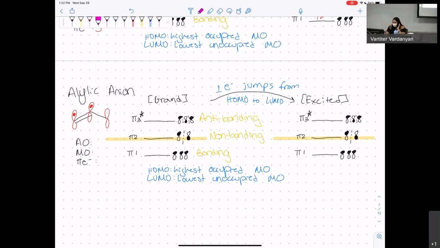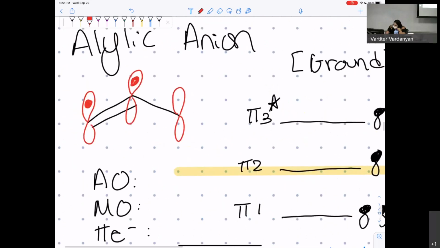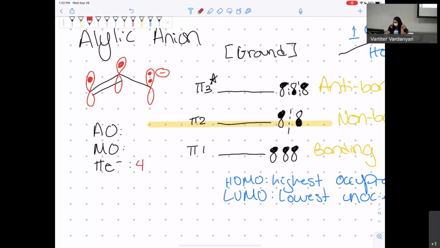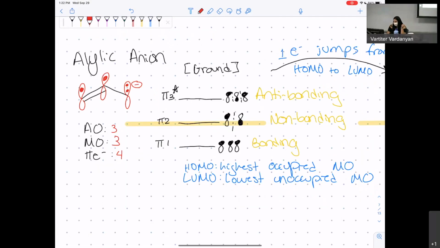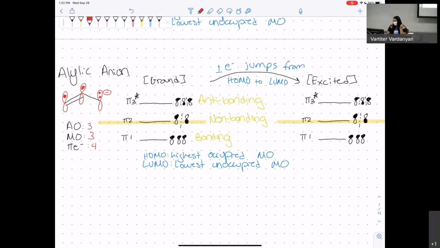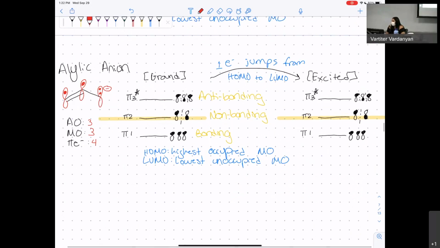Okay, yes. I thought you meant on one carbon, and I was like, do we have to go back a little bit? No, so what we're going to do is draw 2 electrons here because it's a negative charge. And like you guys said, you're absolutely correct. It'll be 4 total electrons, and the number of orbitals does not change. So I'll fill that in. So now when we go to, yes, question?